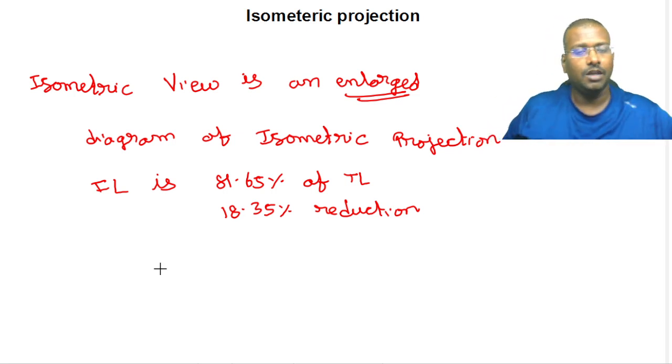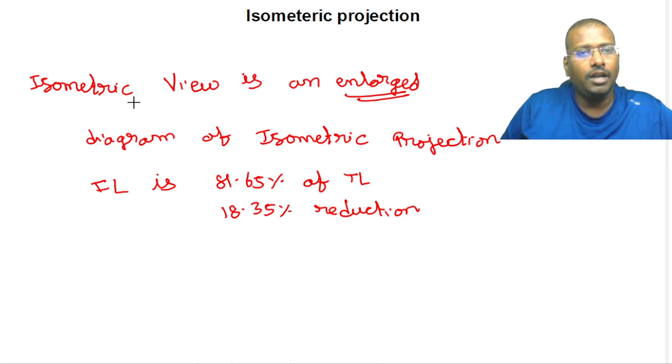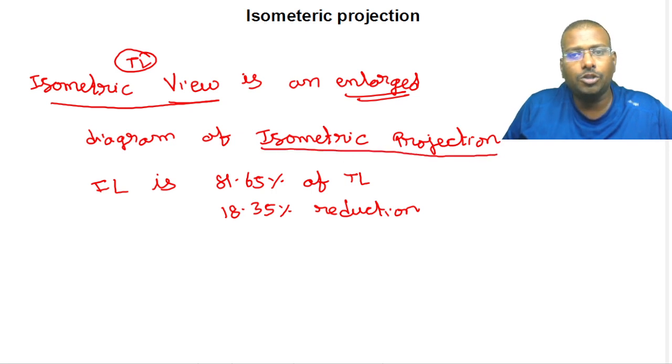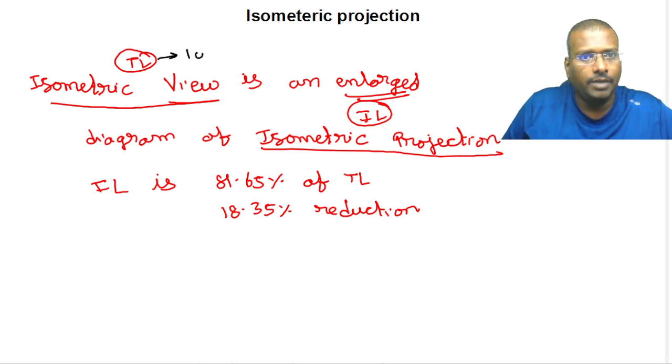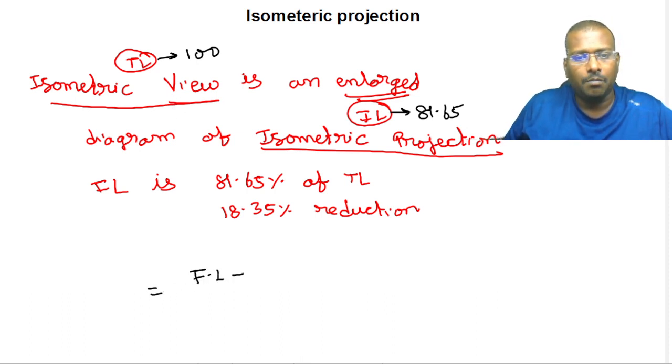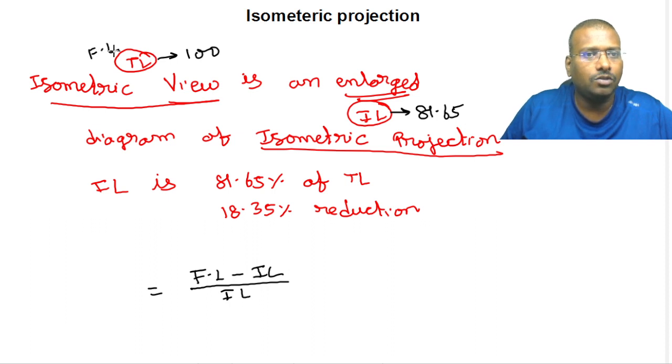Let us consider. In isometric view, we are considering true length, and in isometric projection, we are considering isometric length. Let us assume the true length is 100, and this is 81.65. Therefore, how much is enlarged? That is final length minus initial length divided by initial length. Here final length is the true length, and initial is the isometric length.